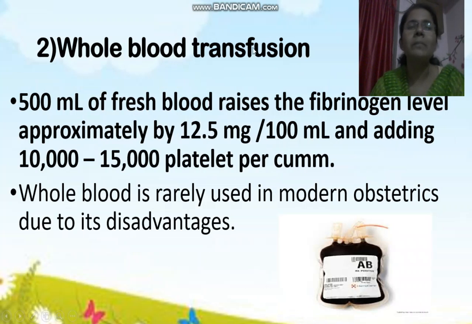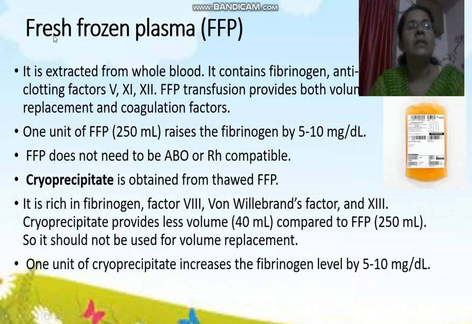Next is whole blood transfusion. 500 ml of fresh blood raises the fibrinogen level approximately 12.5 mg per 100 ml, and adds 10,000 to 15,000 platelets per cubic millimeter. That's why whole blood is rarely used in modern obstetrics due to some disadvantages. So next is fresh frozen plasma.